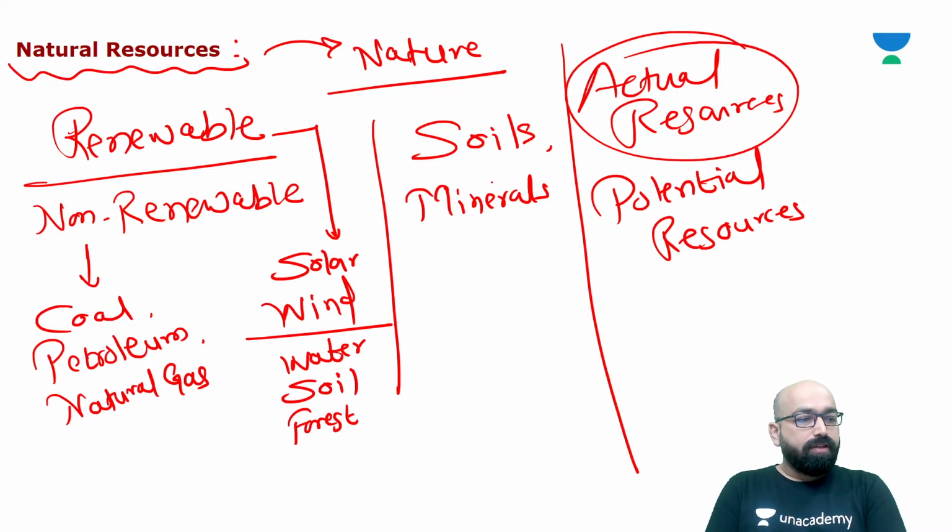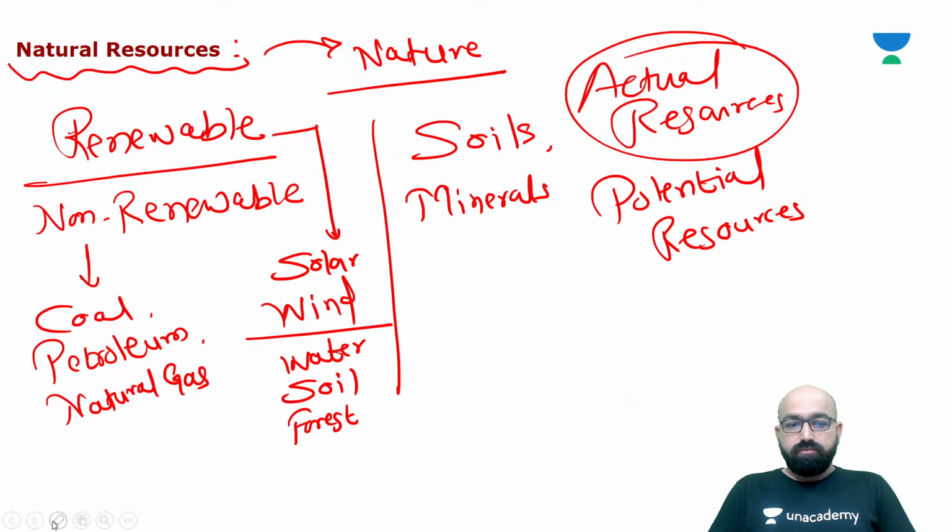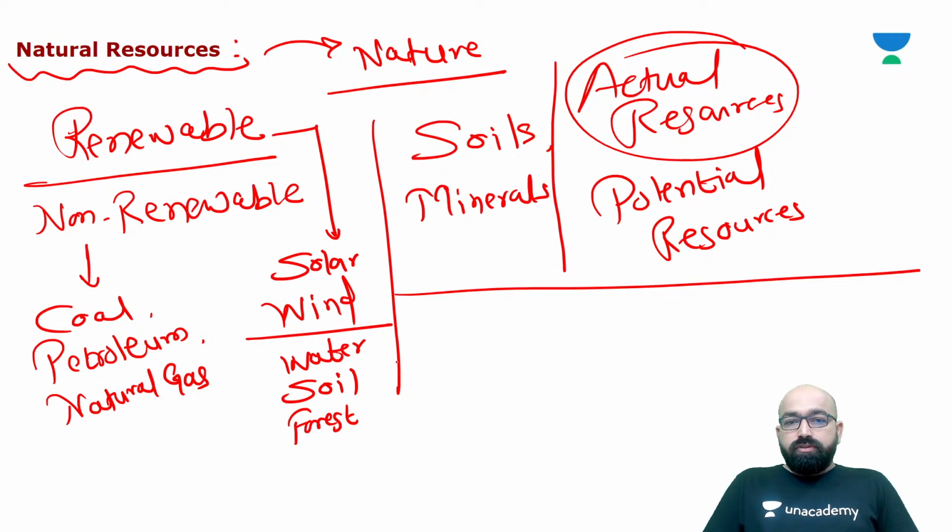Today we will discuss class 8 NCERT. The distribution of natural resources depends upon a number of physical factors like terrain, climate, and altitude.